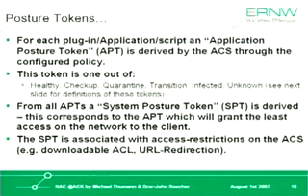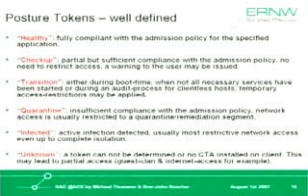From all these application posture tokens, a system posture token is derived, which is basically the application posture token which will give the least access on the network. Like if you have quarantine, checkup, and healthy, the effective one will be quarantine, least privilege basically being the principle behind this. And this posture token is then associated with restrictions, and these restrictions are then enforced on the network access device. Okay, that's how it goes.